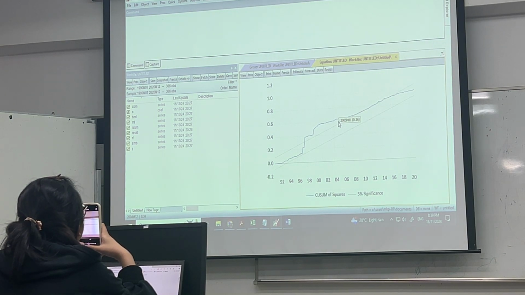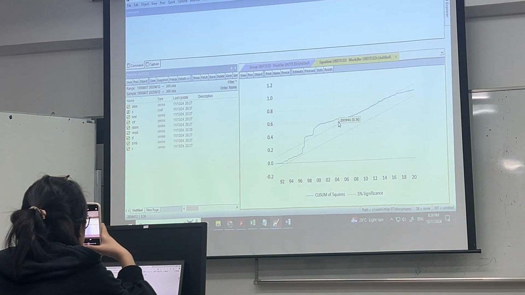Because in the Malaysia case, the M-Bank, Alliance, I use Alliance, the Malaysian case is affected by the Asian financial crisis, right? So that's why you can see the statistic here is out of the critical value. It's not stable during this particular period, especially after the Asian financial crisis. So these cultural or regional factors might make my model not stable in this case.